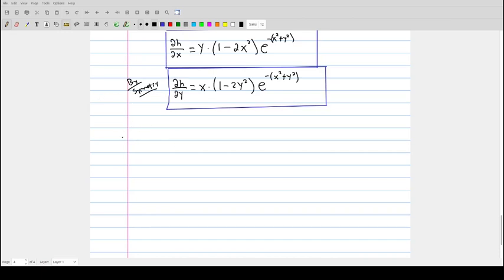Specifically, we'll evaluate these partial derivatives at the point r0, x0, y0, where x0 is equal to -1, say, and y0 is equal to -3/2. So we're going to evaluate the partial derivative at this point.